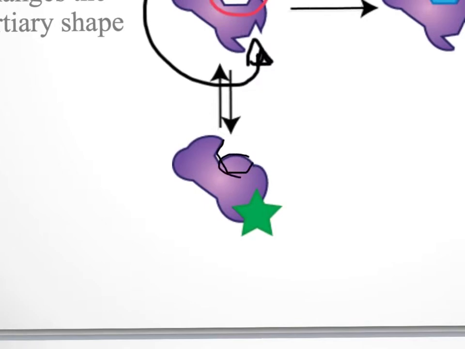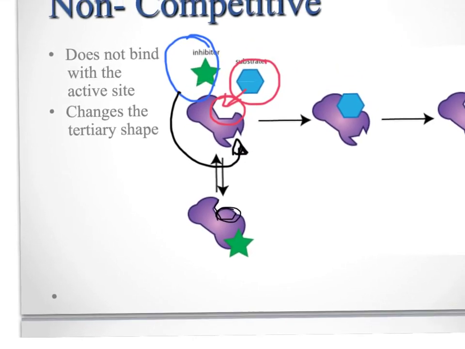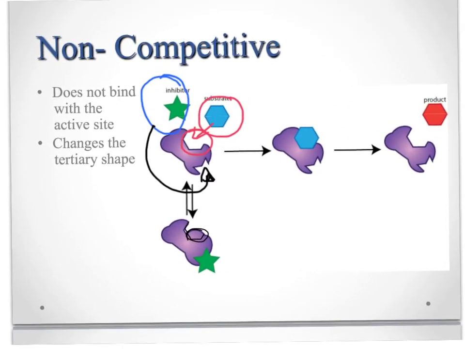We have this extra bulge in it instead, and that's been caused by the electromagnetic field of our inhibitor here, and that has led to a change in the tertiary shape. Now, it's not always the case that this is irreversible, but if it is, then it means exactly in the same way that the competitive inhibitor has done, it now ties up that enzyme forever and it can no longer do its job.